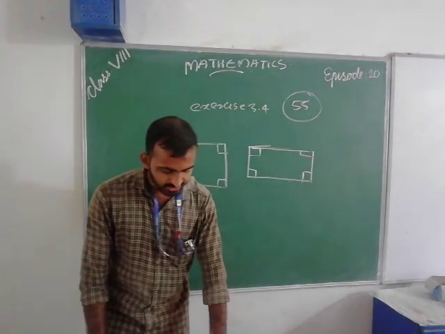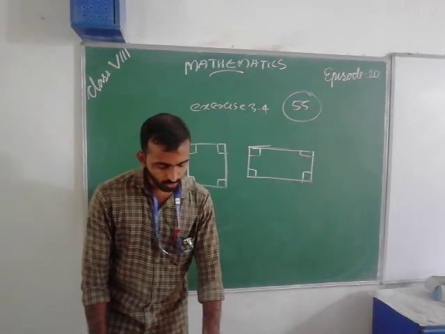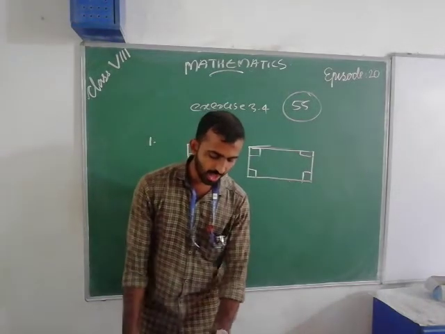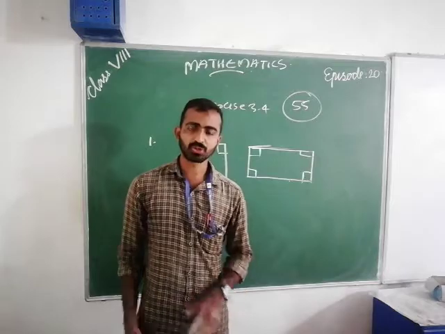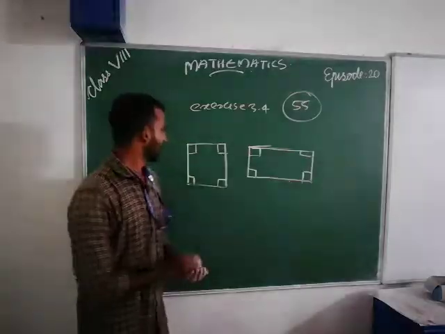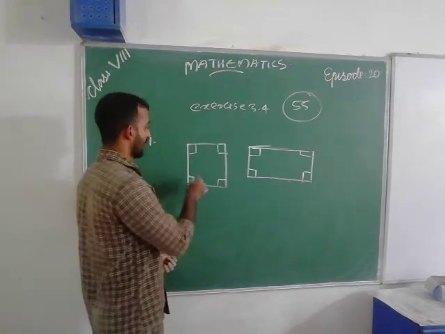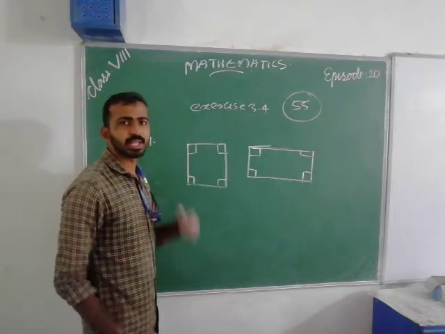Next one, C: all squares are rhombus and also rectangles. Yes, because of the 90 degree angles, a square is a rectangle.